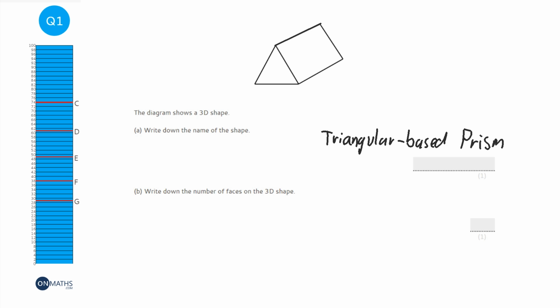The first bit of this, triangular based, is just the name of the shape at the end of the prism. So you can have a hexagonal based prism or anything like that. It says write down the number of faces. So the face we can see here is a triangle, so that's 1.